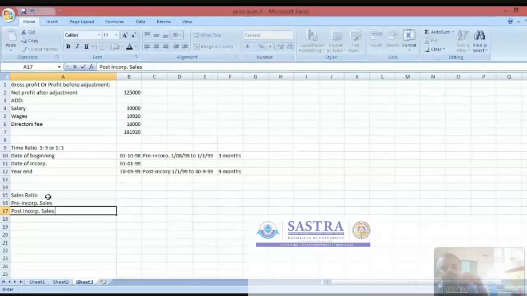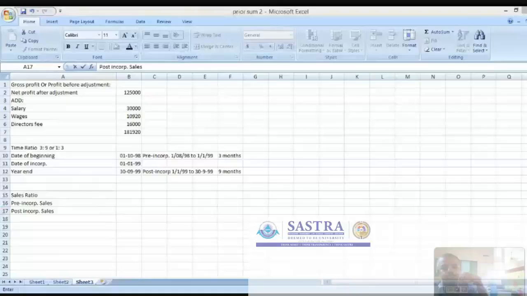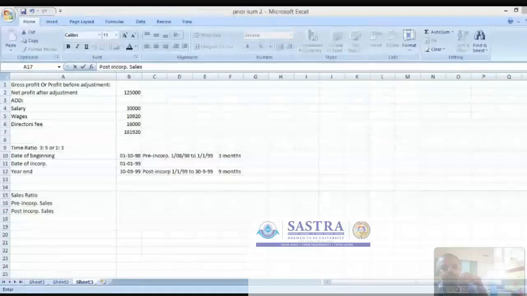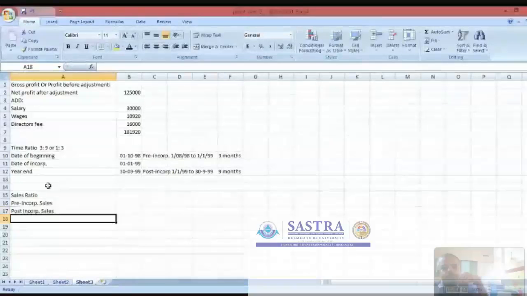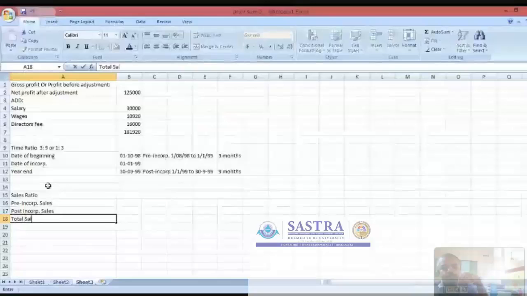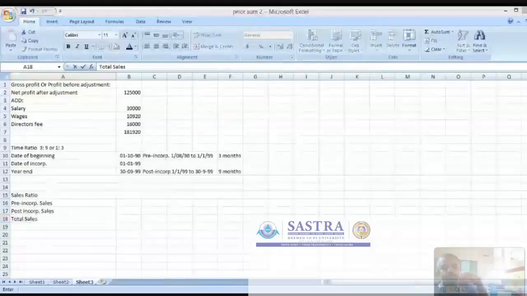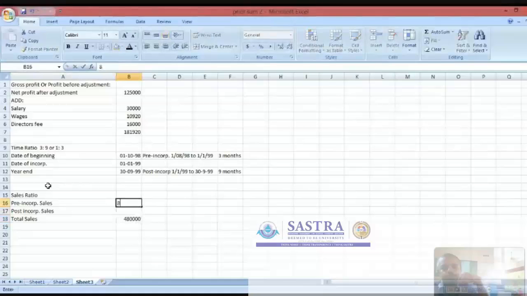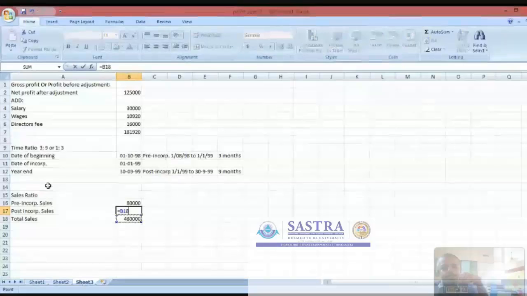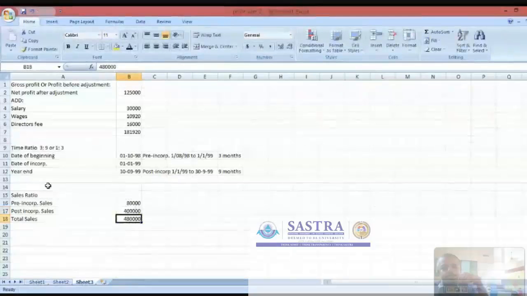Total sales is given 4,80,000, of which 80,000 related to pre-incorporation. So 4,80,000 minus 80,000. 4 lakh is going to be post-incorporation.